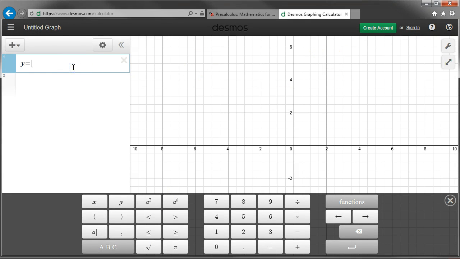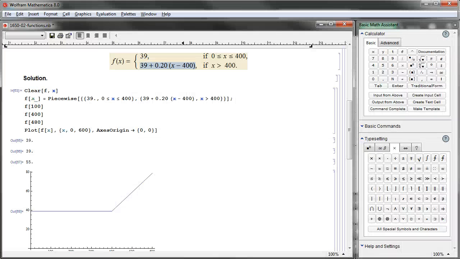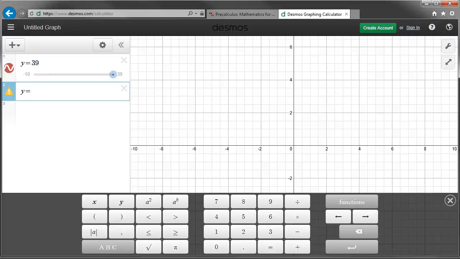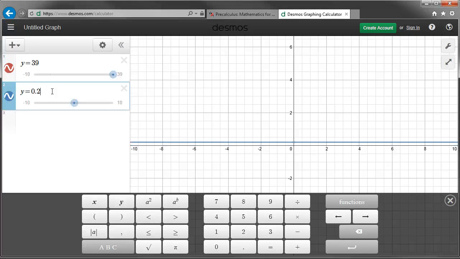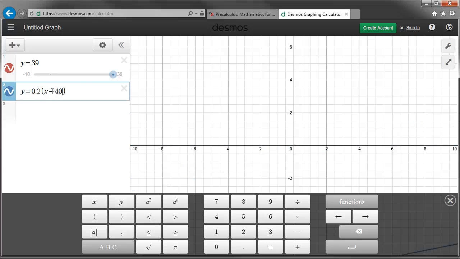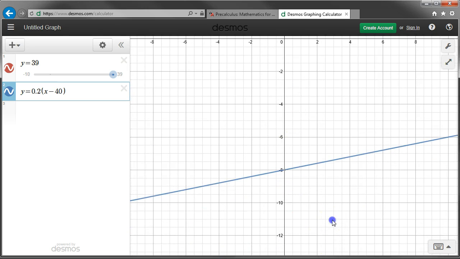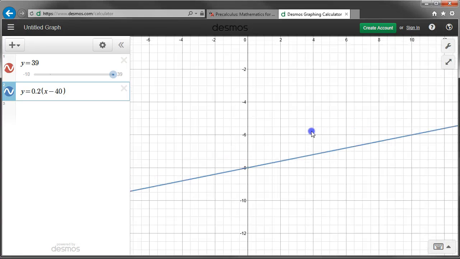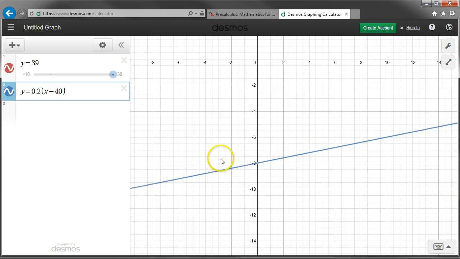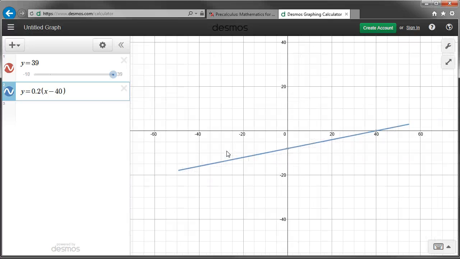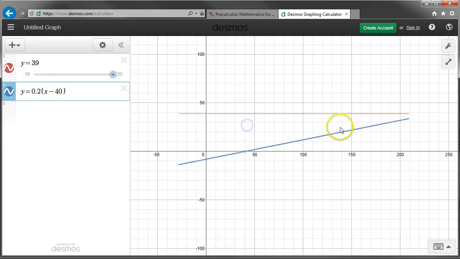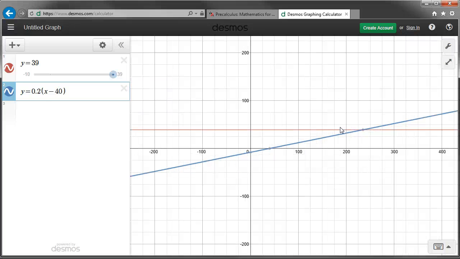So y equals 39, and then y equals 0.2 x minus 40. Okay, and then I can ask this calculator to produce both, and then it looks like I better scroll out in order to get something, around 400.